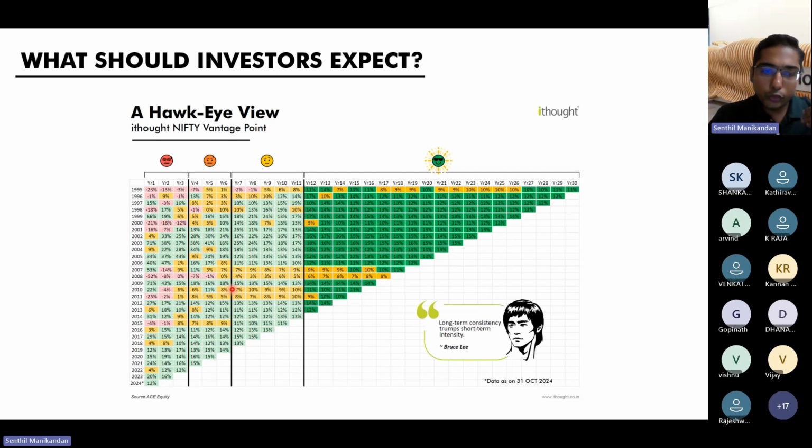If you study this chart, it shows that at any point an investor entered, if he stayed longer, his return expectation has been around 12-13%. Even now, with the expectations we have gone through over this session, that's broadly what an investor should expect from the overall market.